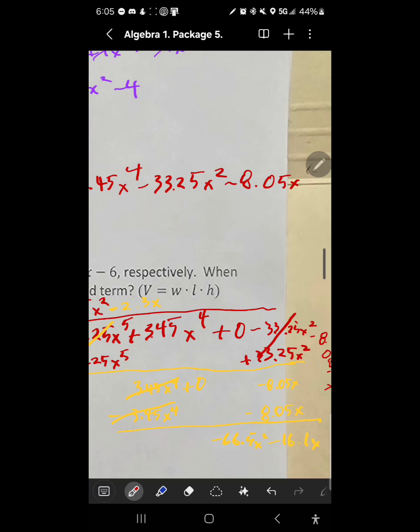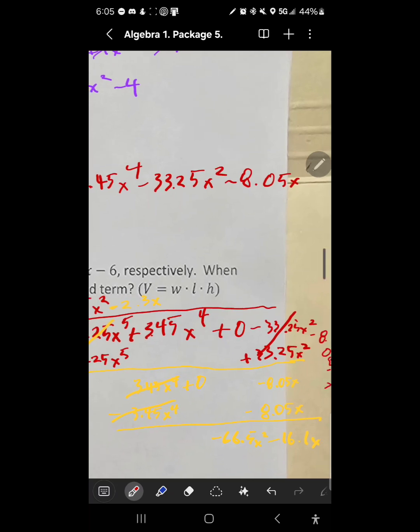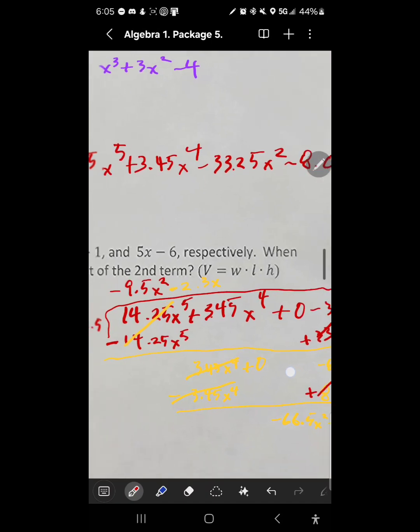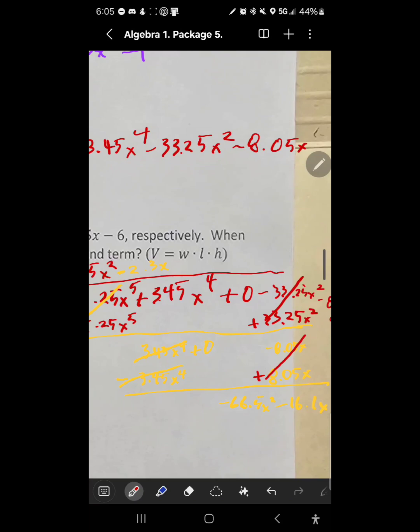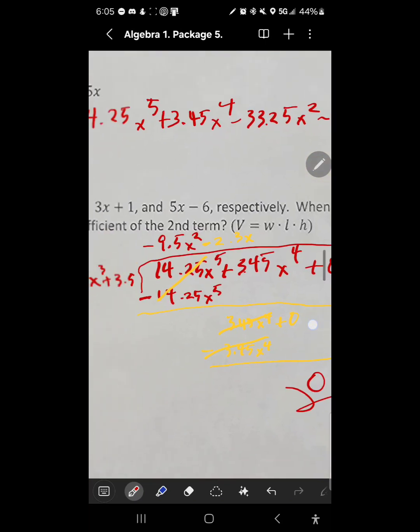And I will change the sign here, so this will become 0, and this wouldn't exist. So it will be plus. We will get 0 first.